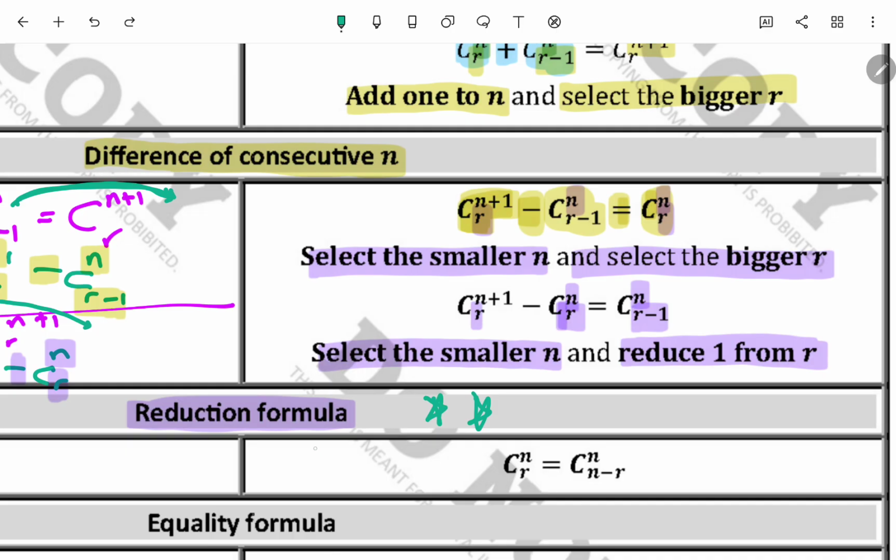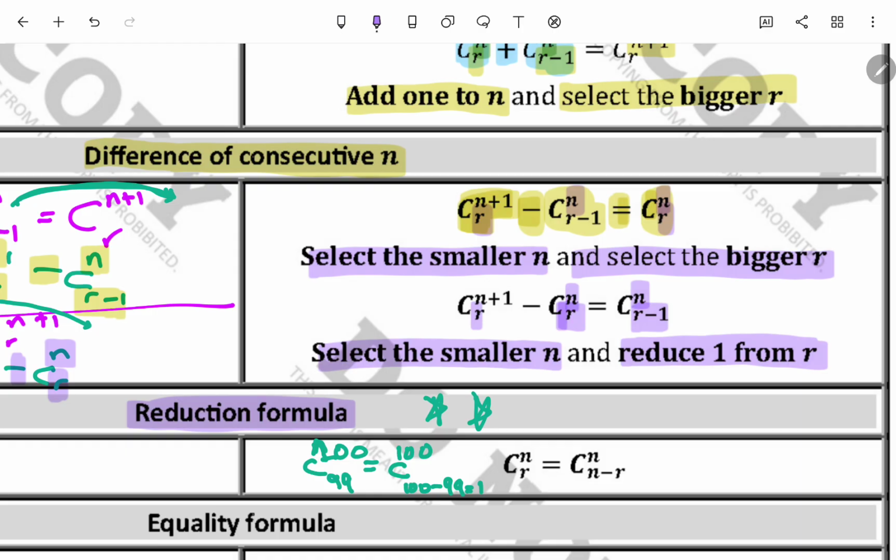For example, if you have 100 combination 99, you can't write 99 factors up and 99 factors down. This will be hard for you to evaluate or calculate. So it is better for you to reduce this 99 by subtracting 100 minus 99. So that will make it only 1. So it is better to write 1 factor up and 1 factor down.